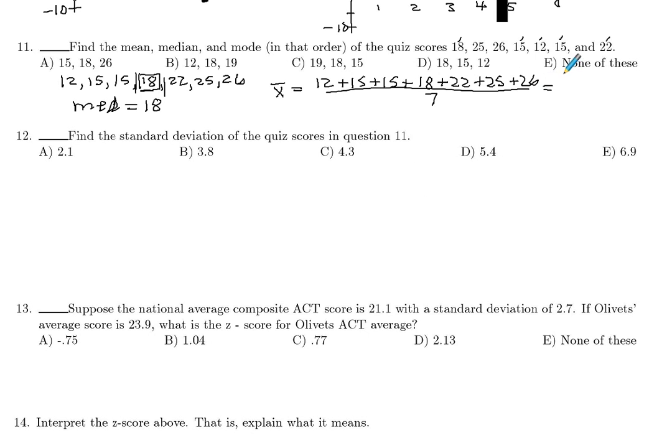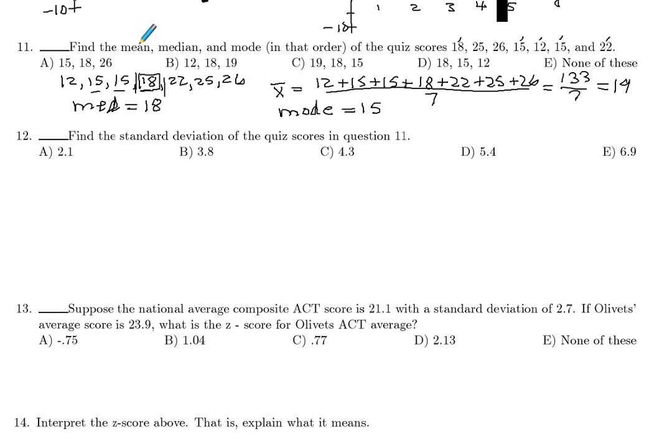If you do the calculator work here, you will get a total on the top of 133, divided by 7 will give you 19. So you got a mean of 19, and then your mode is the most frequent score. And notice that we've got 2 15s and 1 of everything else. So your mode's going to be 15.